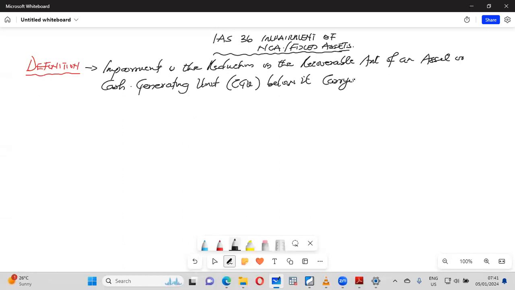So basically, that is what an impairment is. That is the definition that is given by IAS 36.